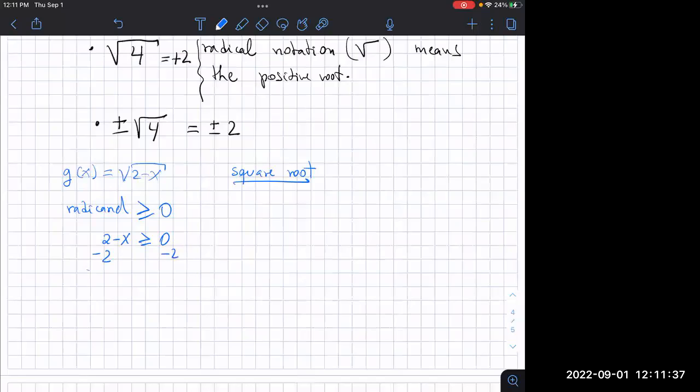Okay, subtracting 2. So then I get negative x greater than or equal to negative 2. And what's the next step? Divide both sides by -1. So what happens when you divide by a negative in an inequality? It flips. X less than or equal to 2. Very good. Okay, so this is the domain of G.